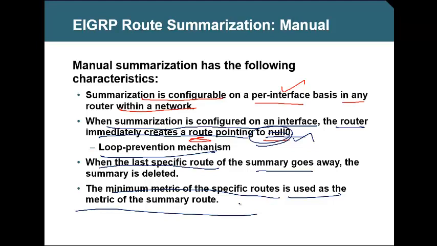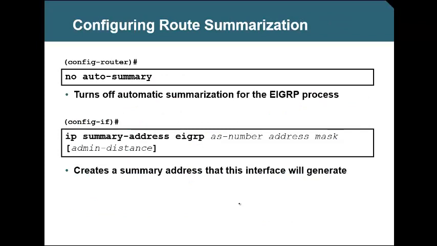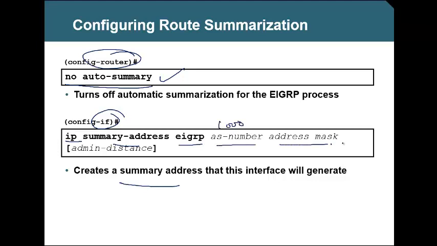So we have two types of summarization. One is automatic summarization. The other one is manual summarization. Automatic summarization is done in the router mode. If you want to cancel it, we say no auto summary. Manual summarization is per interface. So we go under the interface and use this command, ip summary-address eigrp, then the autonomous system number, and then how you want to summarize it.